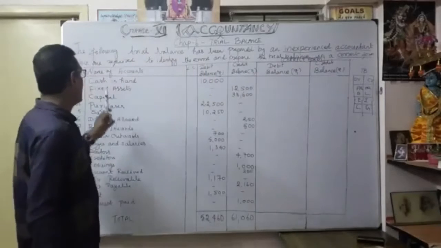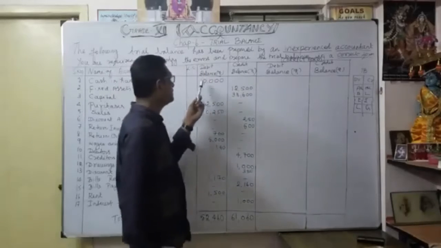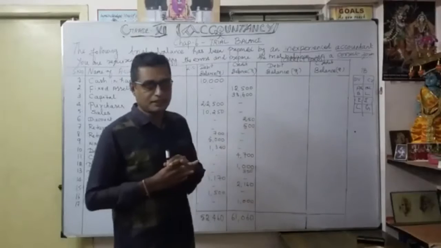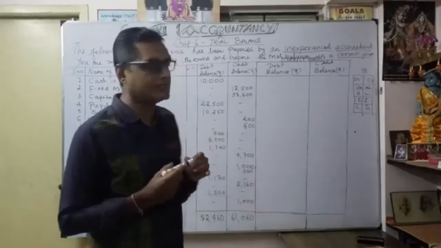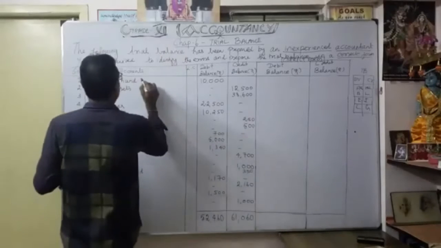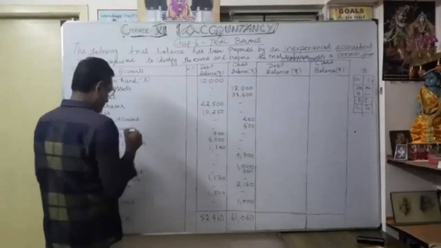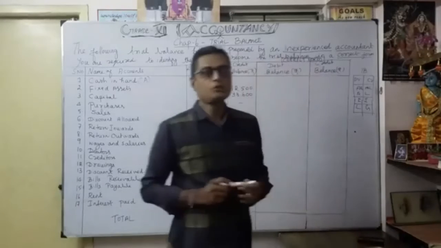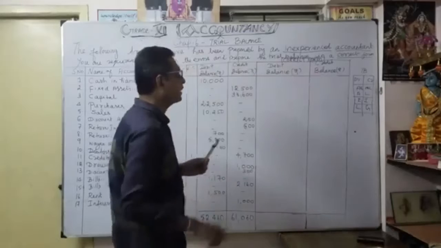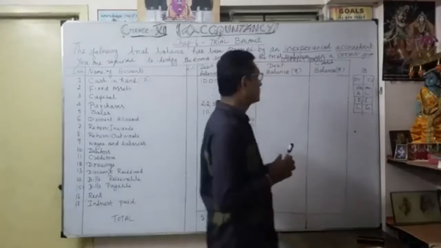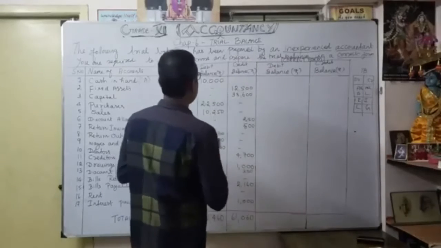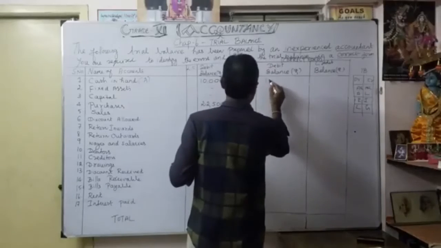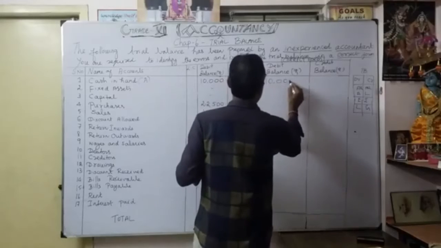As cash in hand, they have already written 10,000. First, which category does cash in hand come under? It comes under asset. Now you know an asset should always be a debit balance. So yes, it is correct, I am writing 10,000 here. It is already written correctly.